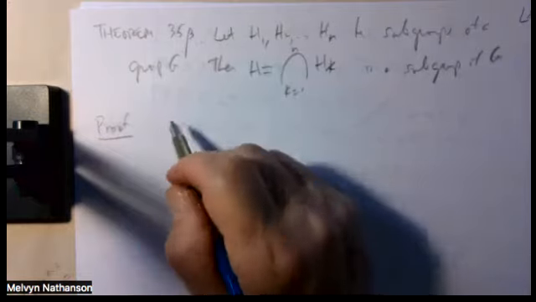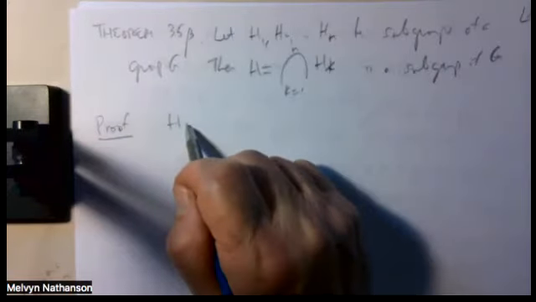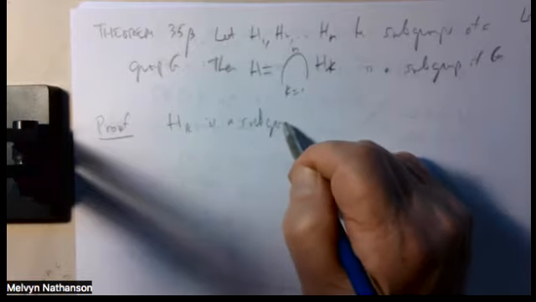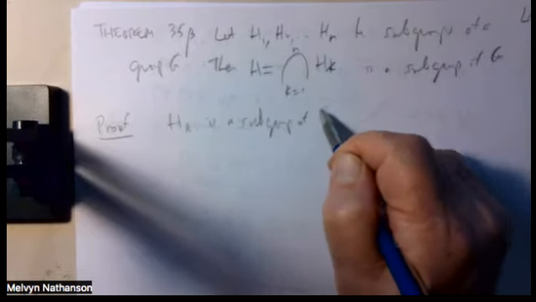So first of all, if H sub k is a subgroup of G, that means the identity element is in Hk, and this is true for all k.